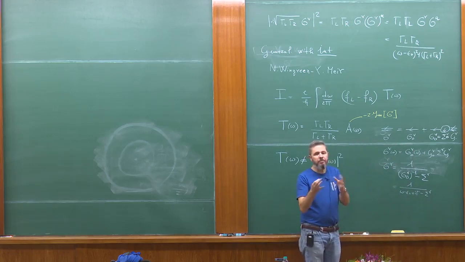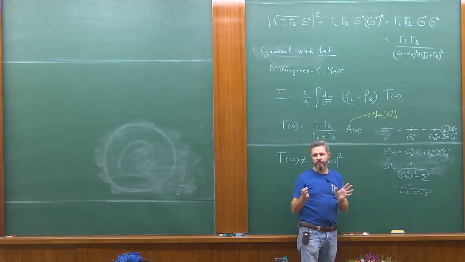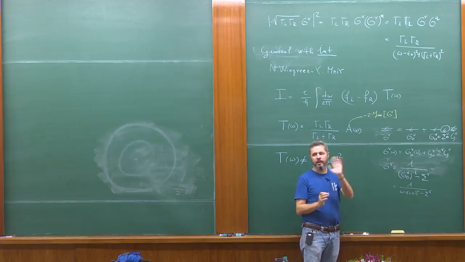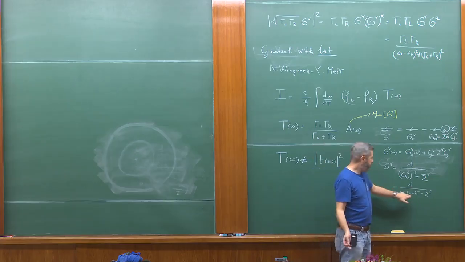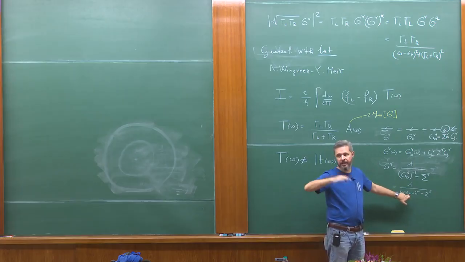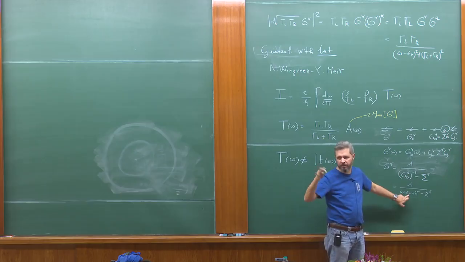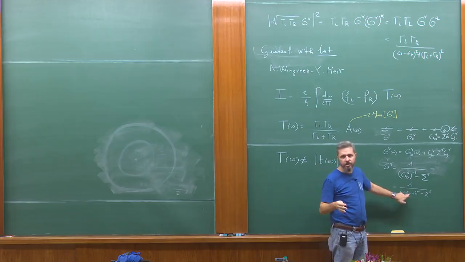Now, a simplified version of what sigma retarded is: it has a real and an imaginary part. The real part roughly shifts the energy level. It typically depends on frequency, but suppose we can forget about that dependence.